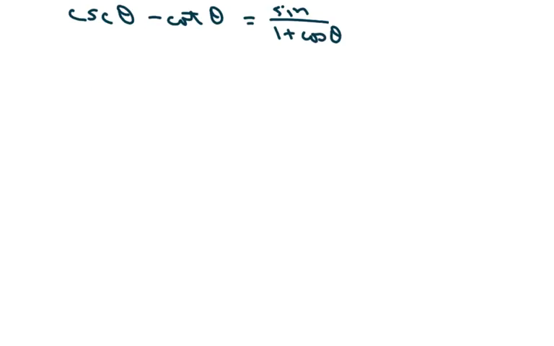So let's do another one. It's the same thing. You might want to try it and pause the video first. So we get 1 over sine of theta minus cosine of theta over sine of theta.